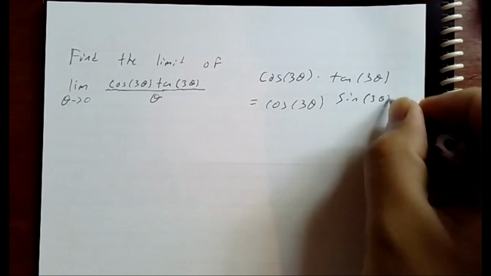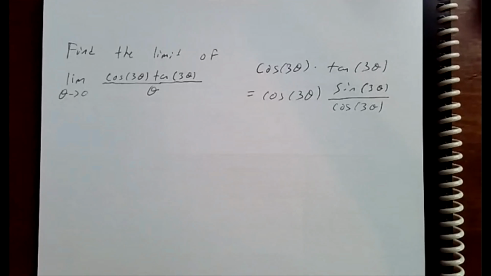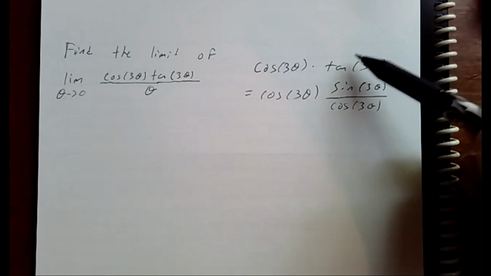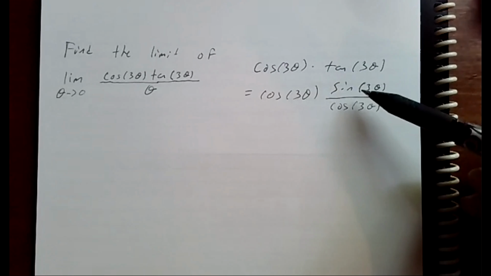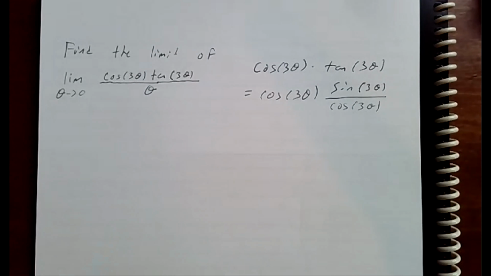Tangent will be sine 3 theta over cosine 3 theta. So that is the definition of tangent, right? You guys remember this? It's a quotient of sine over cosine. It's always sine over cosine, so whatever's in here goes right there. Reciprocal would be secant.